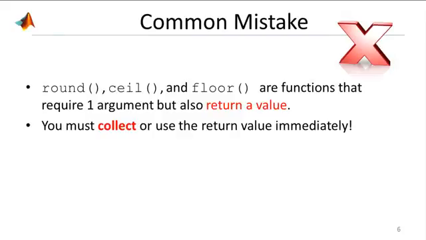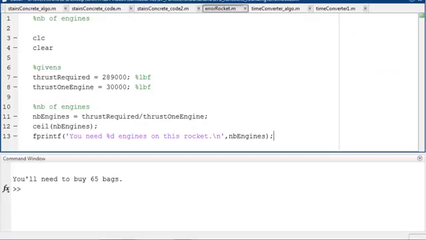Now, there is a very common mistake when learning to use these functions. You have to remember that these are functions that return a value. So you must collect them or use them immediately in your equations. For example, suppose this is the answer to the rocket project.